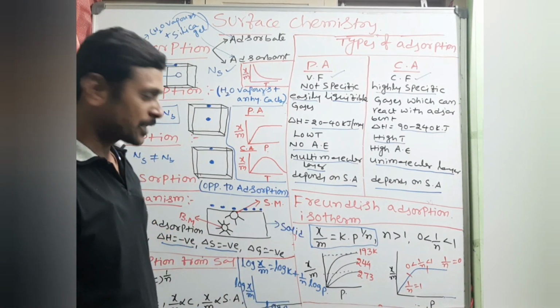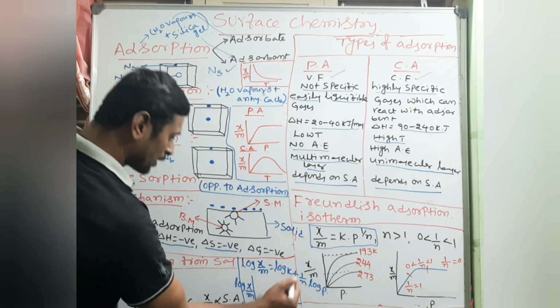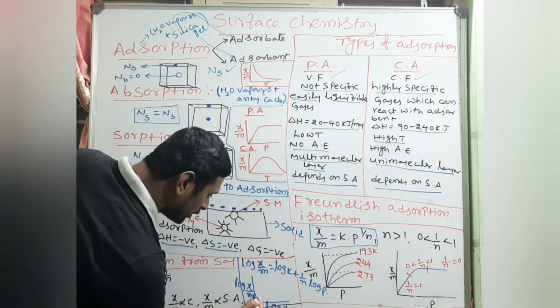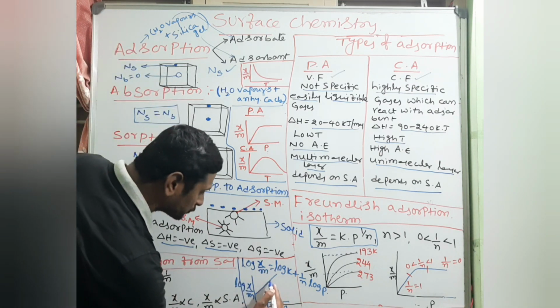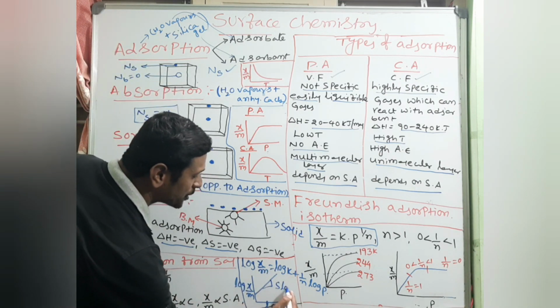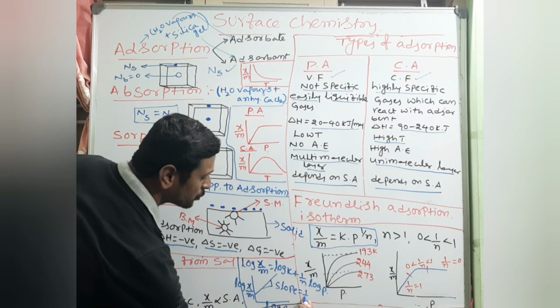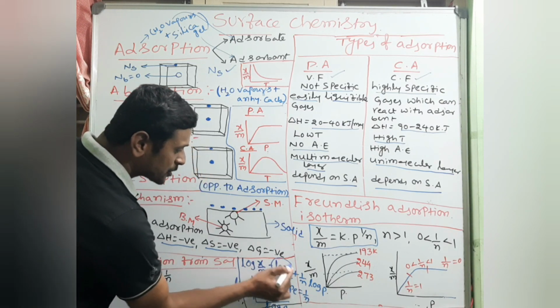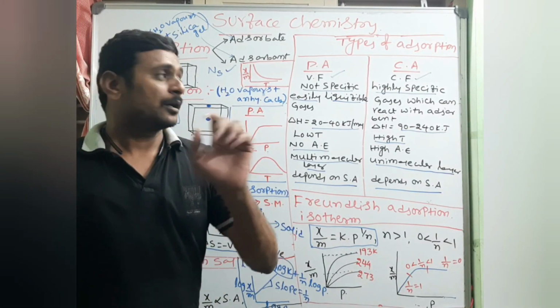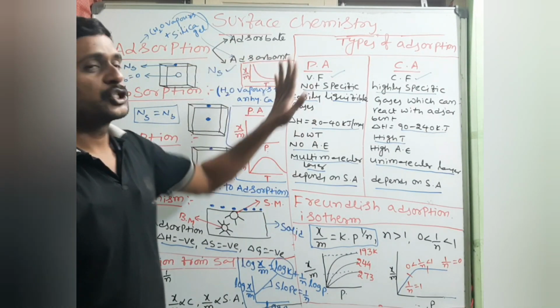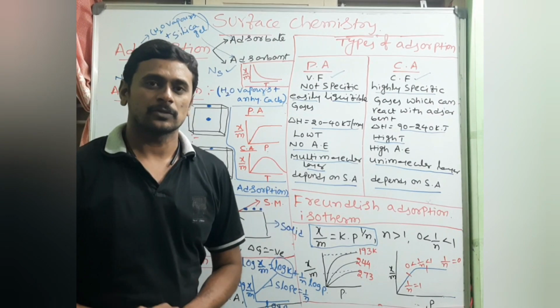So this is the straight line equation and we have the positive slope. The slope is 1 by n and the intercept value is log k. And this is the simple information regarding the adsorption concept. Clear? So thank you.